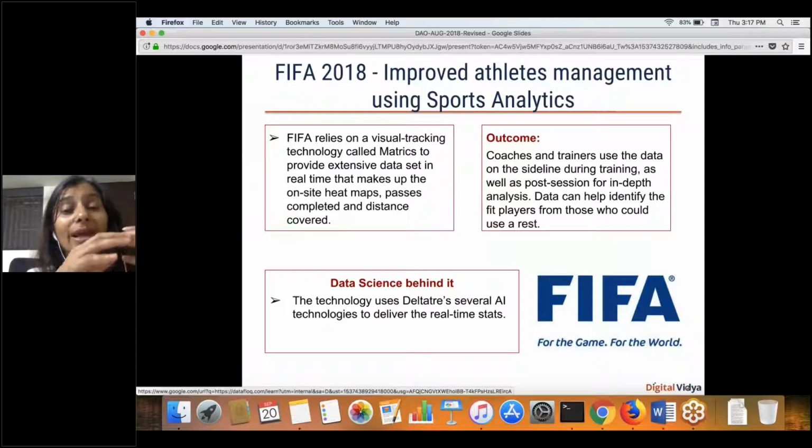But here an algorithm is doing a whole lot of analysis for them and just putting it up in charts. And then coaches and trainers can use that data to discuss it and make much more profound points, and enable them to debate more accurately and identify fitment of players, fitment of teaming, etc.